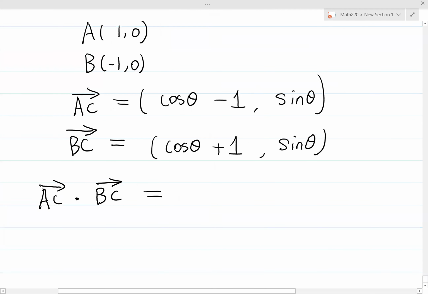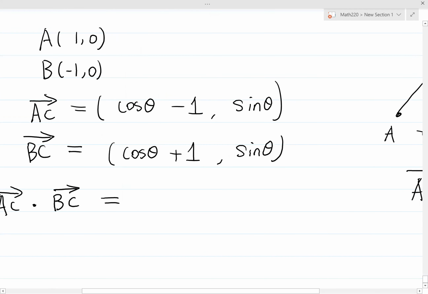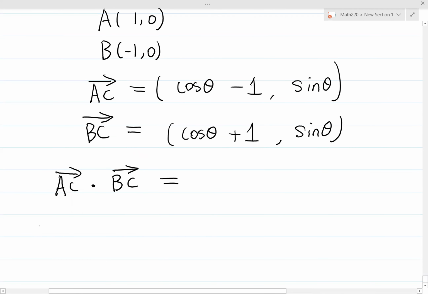So the dot product that we define in coordinate form: suppose (x1, x2) times (y1, y2), we get x1 times y1 plus x2 times y2.